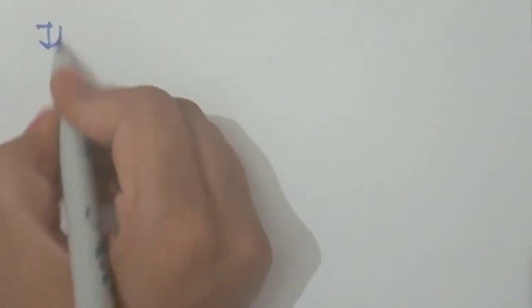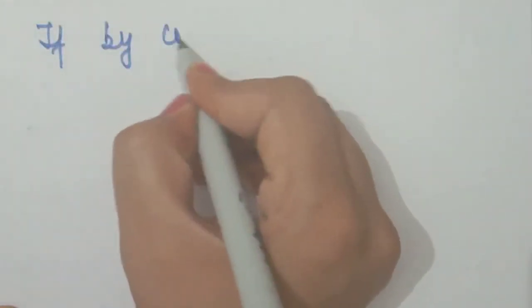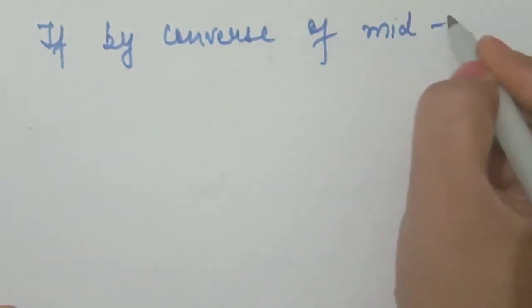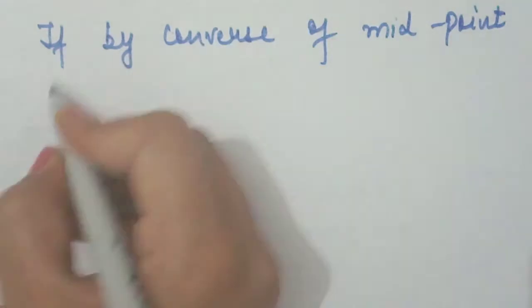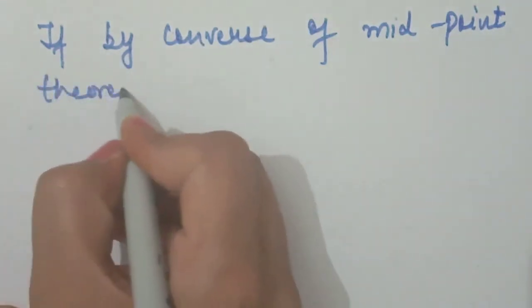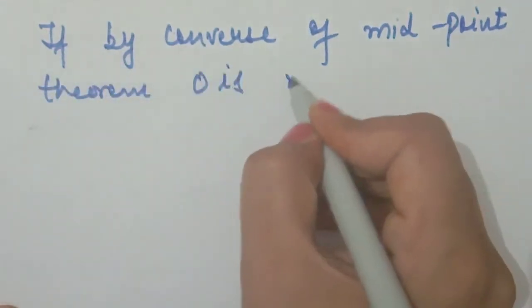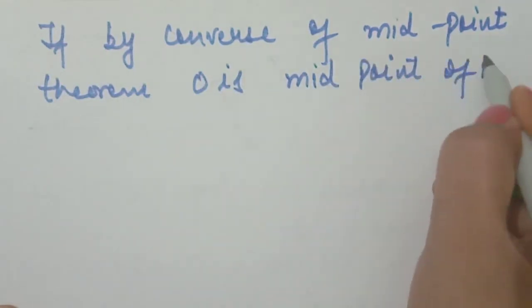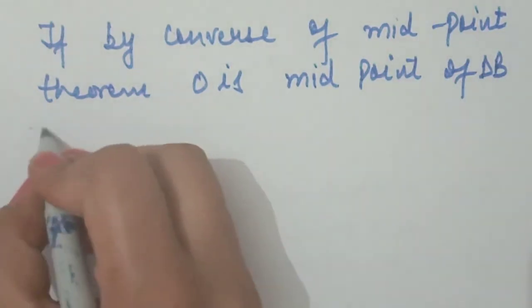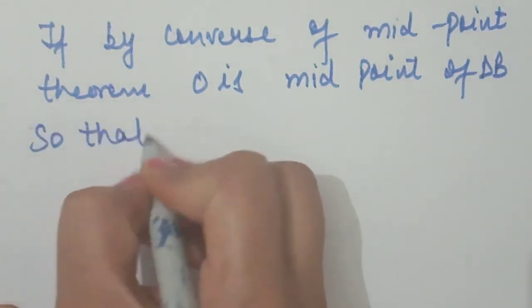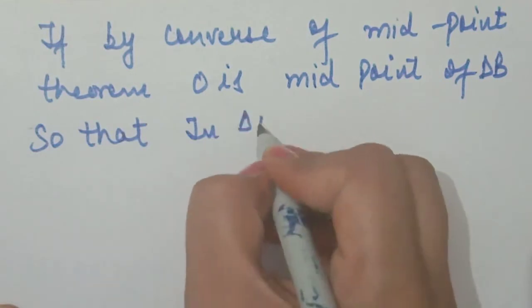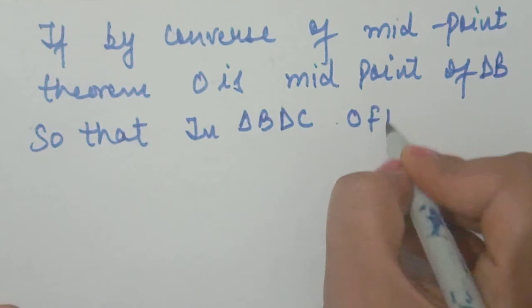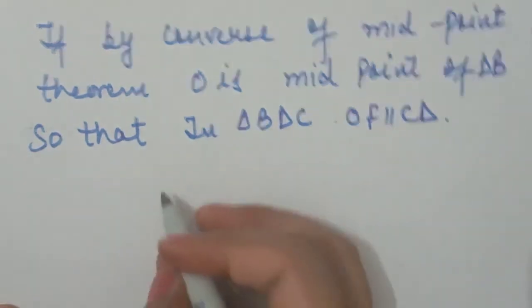So students, by the converse of midpoint theorem, O is the midpoint of DB, so in triangle BDC, OF is parallel to CD.